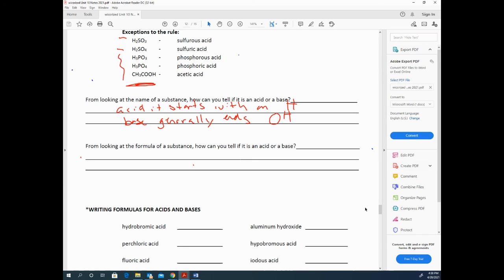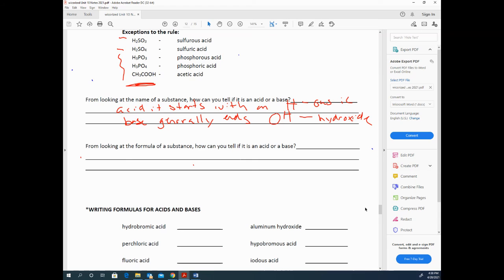Their actual naming is going to be called hydroxide. So you're going to see hydroxide in the compound. That's a base. And for these, it's going to end in us or ic. You haven't seen those endings before in our naming. So if it ends in an us or an ic, that's telling you that it's an acid.